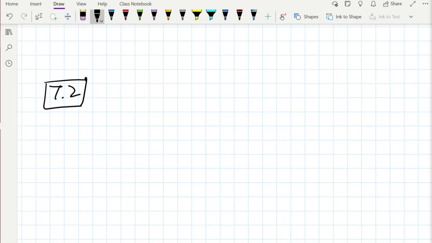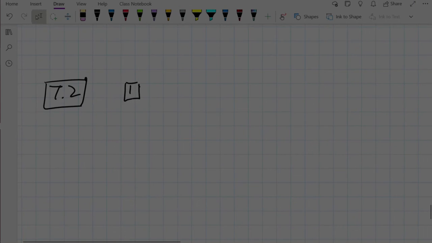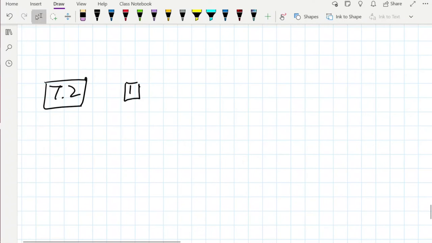Okay, so we can do 7.2, number 1. So it's find the area of the shaded region, and then they give us a chart to use. Wait, I mean 7. No, this is still 7.1. Never mind. Whoops.